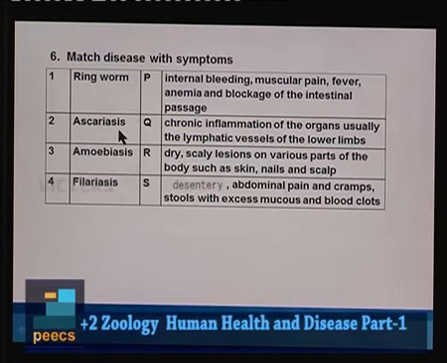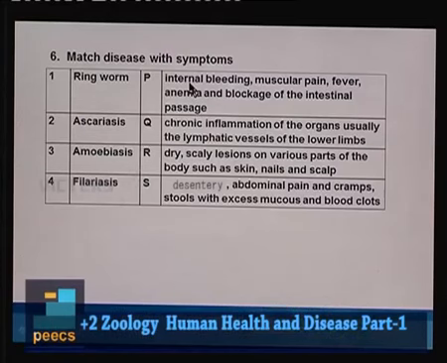What about ascariasis? Ascariasis is caused by Ascaris lumbricoides. It affects the small intestine and causes internal bleeding, muscular pain, fever and anemia, and sometimes it may even lead to blockage of the intestinal passage. Now, what about amoebiasis?